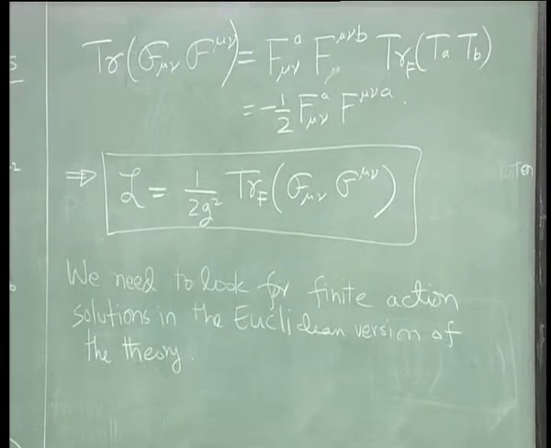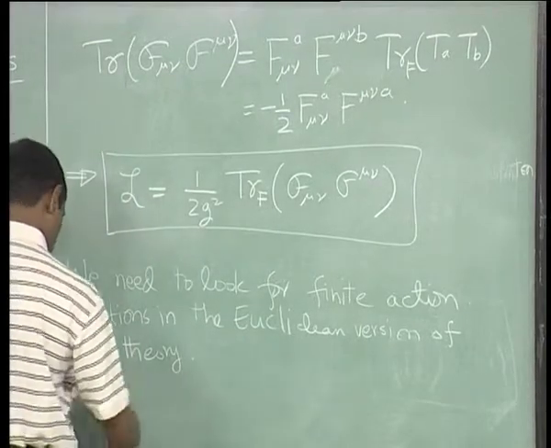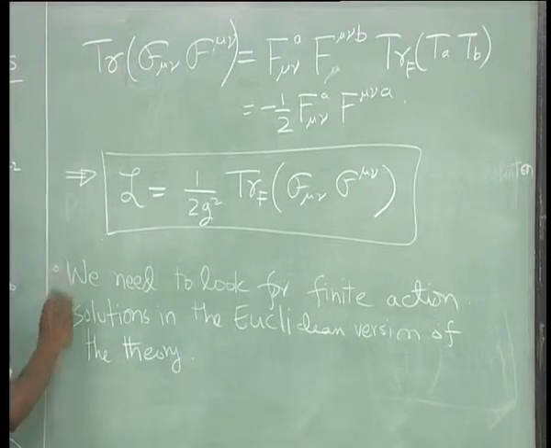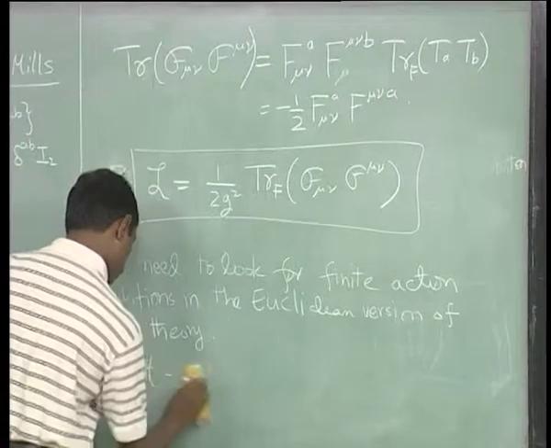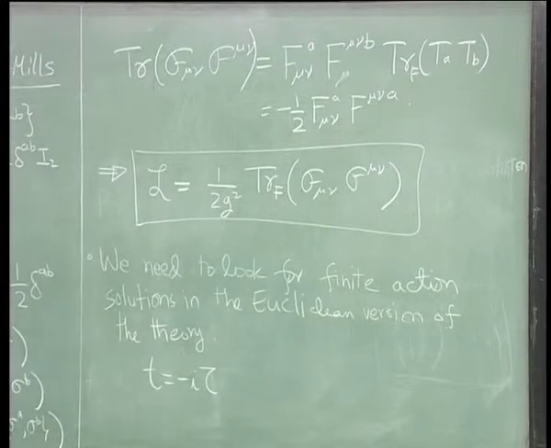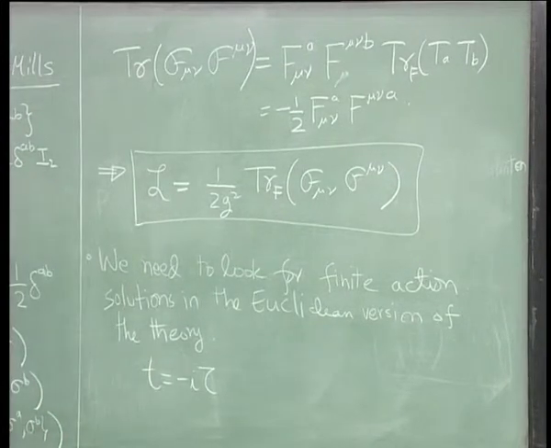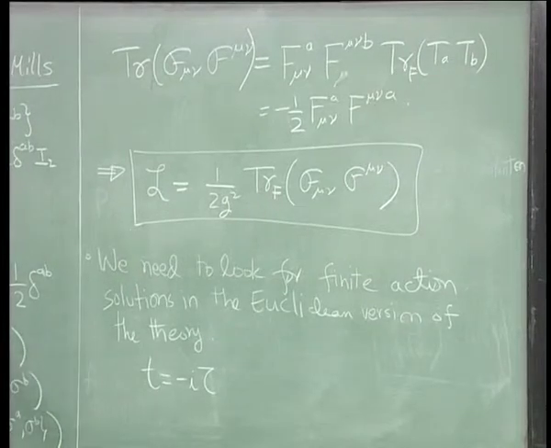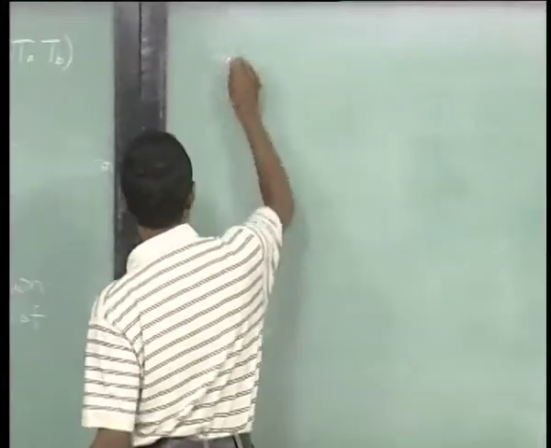Okay, so we need to do the same thing which we did, and so let us do that. So first step is to take t goes to minus I tau, and so for simplicity what I am going to do now is to do it for the abelian case, and then the non-abelian case will just work out in some sense. Okay. So let us do that. So let us just consider abelian.